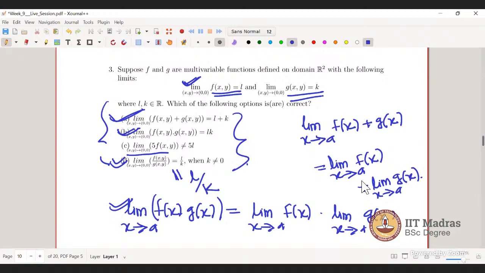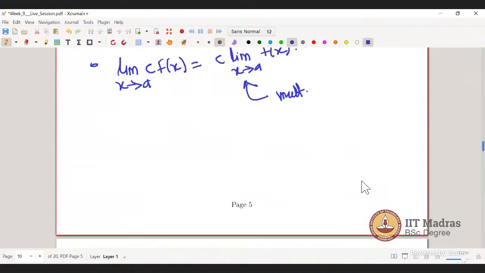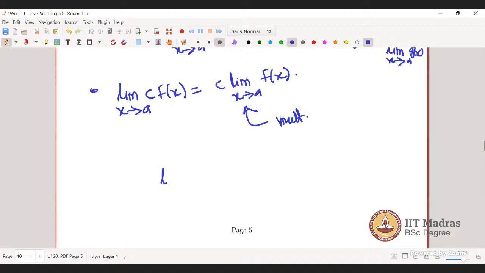I'm audible, yes. What I was saying is, in the quotient rule, the fourth one, it says g of xy. So should it be mentioned that g of xy should not tend to 0, right? Yeah, this k is not 0. It's mentioned, right? So we have mentioned that limit.